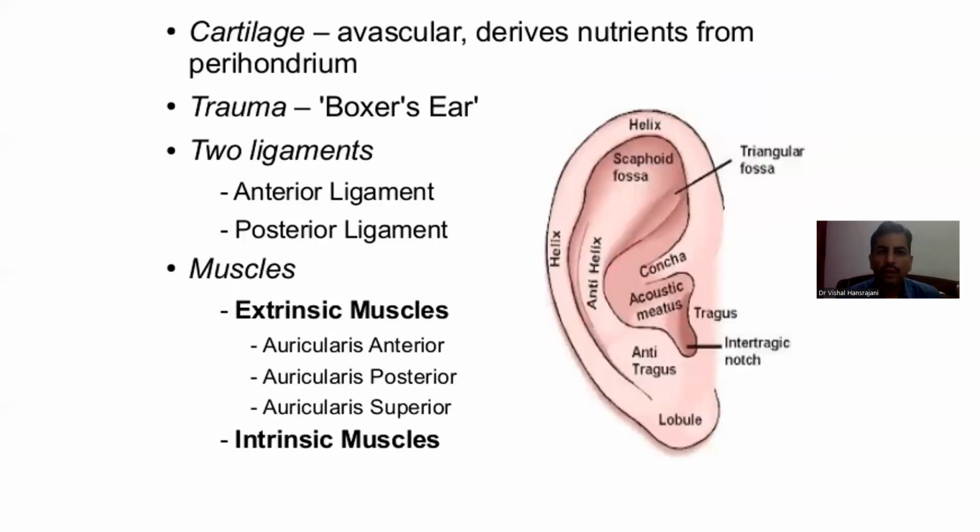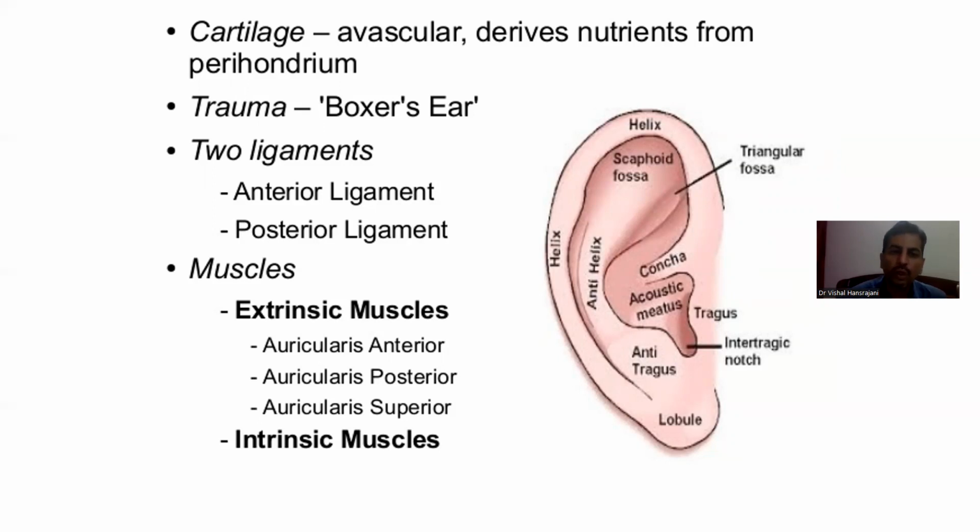The cartilage is an avascular structure and derives nutrients from the perichondrium. So, if there is trauma over the cartilage and there is bleeding in the subperichondrial layer, there will be a hematoma in the subperichondrial layer and it will hamper the nutrient supply of the cartilage.